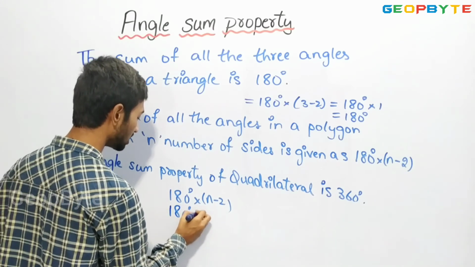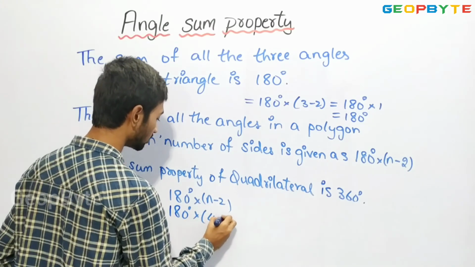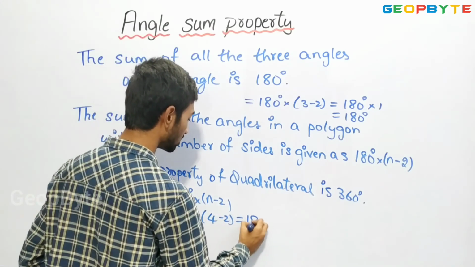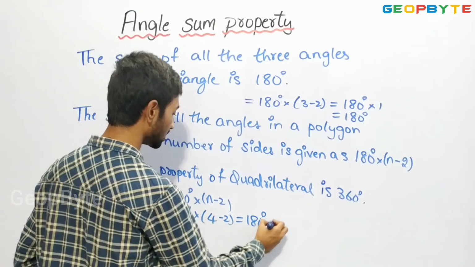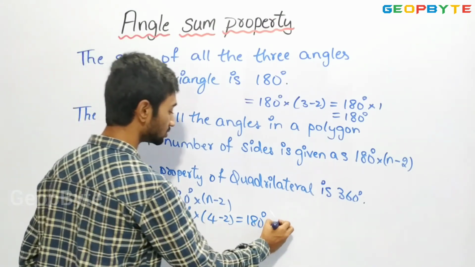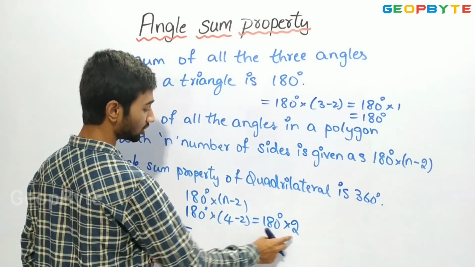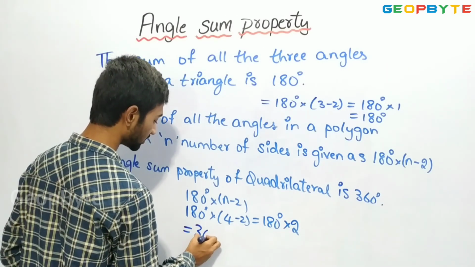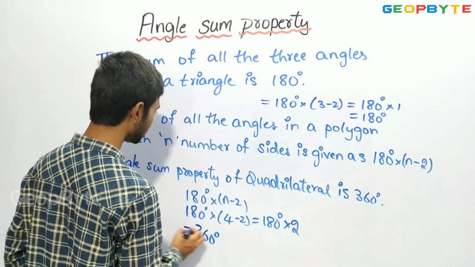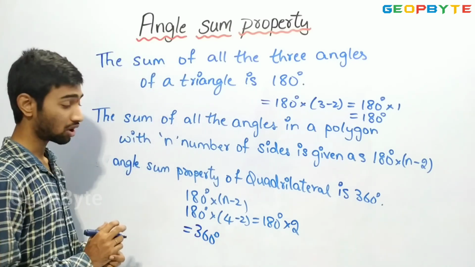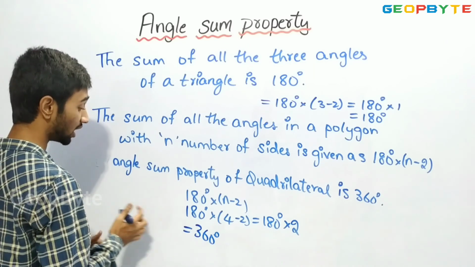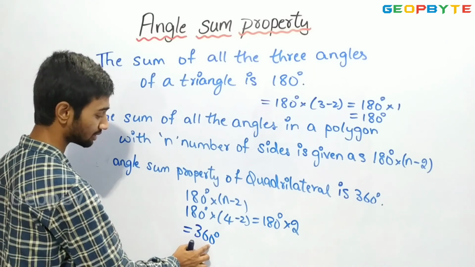So 180 degree into n equal to 4 minus 2 equal to 180 degree into 4 minus 2 equal to 2. That equal to 180 into 2 is equal to 360 degree. Therefore, the sum of all the angles of a quadrilateral is 360 degree.